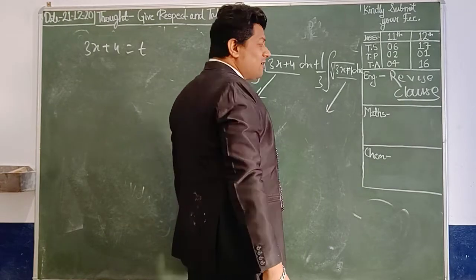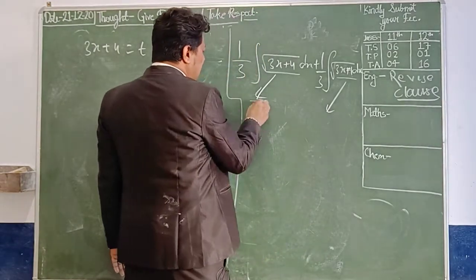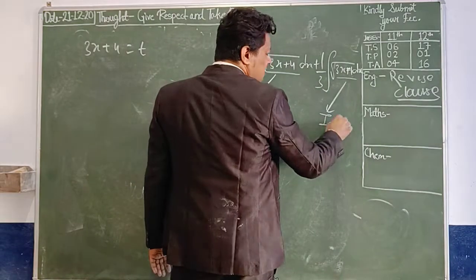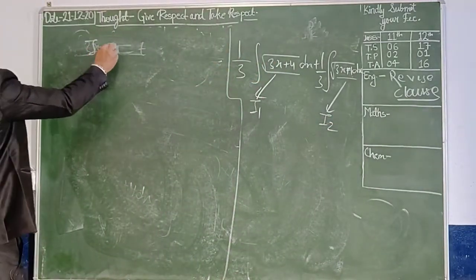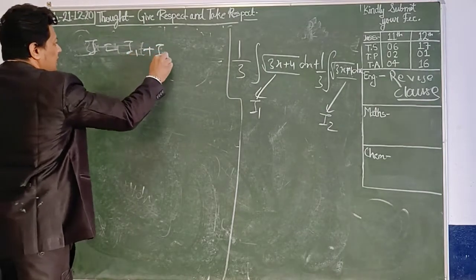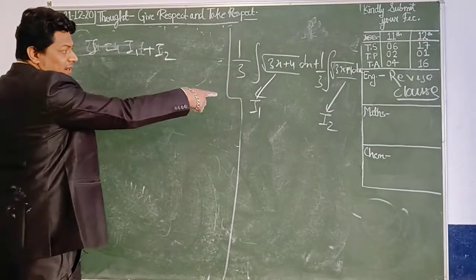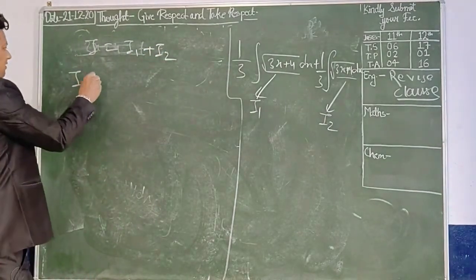Is it clear? First we will solve this integration. You will call it I1 and here it will be I2. So you can write I is equal to I1 plus I2. Is it clear? We will take I1 and first solve I1.